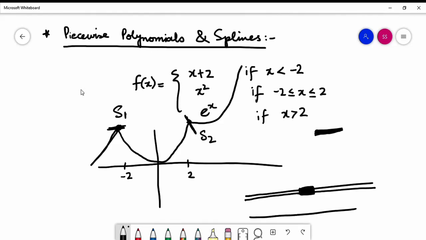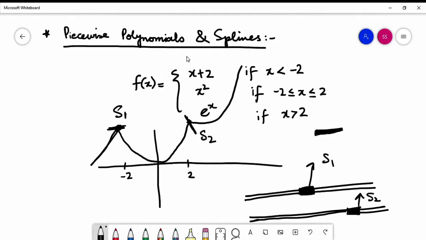If there is another end, you have to use another patch there. So these are basically the splines. This is basically a polynomial curve. An alternate name of spline is a thin strip.